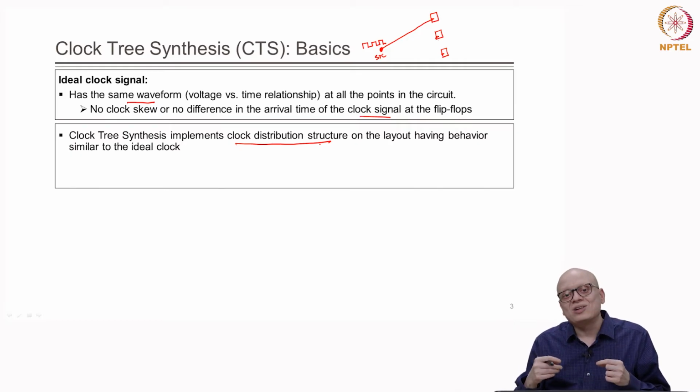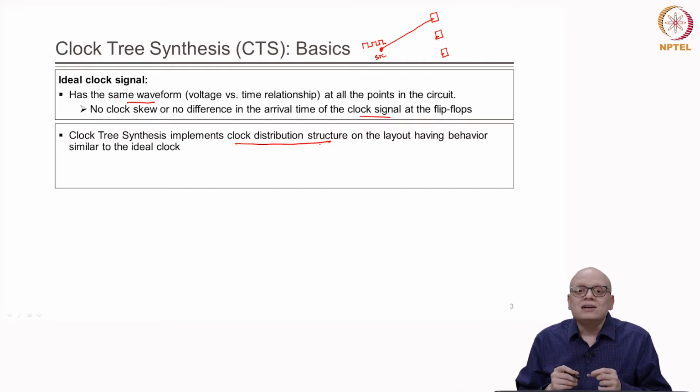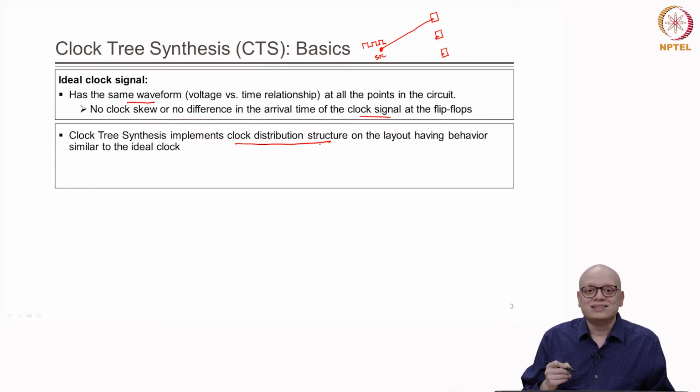But nevertheless, clock distribution, clock tree synthesis, tries to ensure that the clock skew is minimized. So, it tries to build a clocking structure such that the ideal clock network is mimicked.